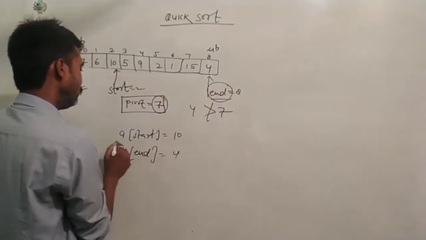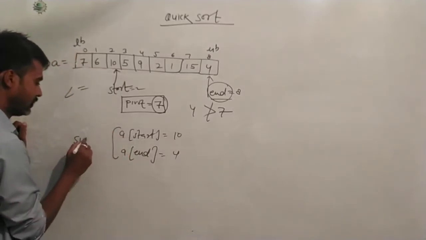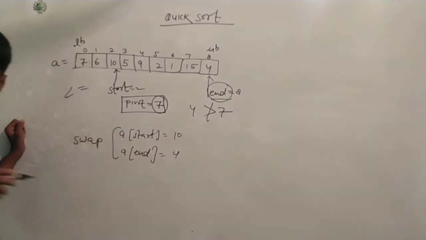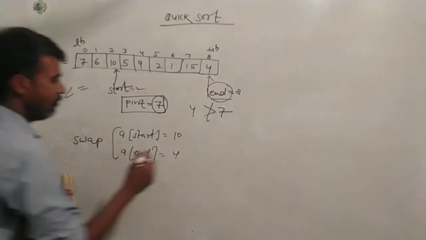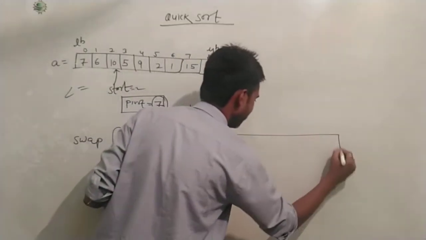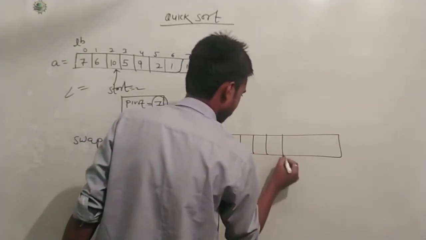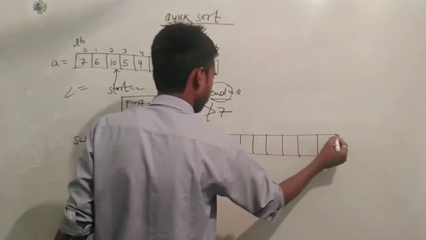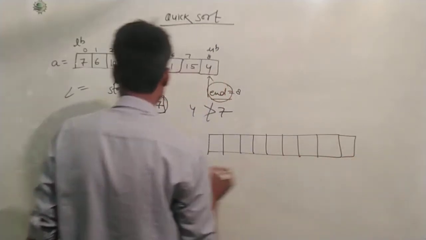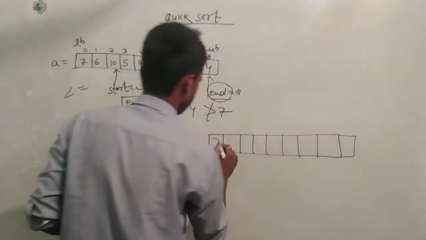Now we have to swap these values. After swapping, we will get 7, 6.